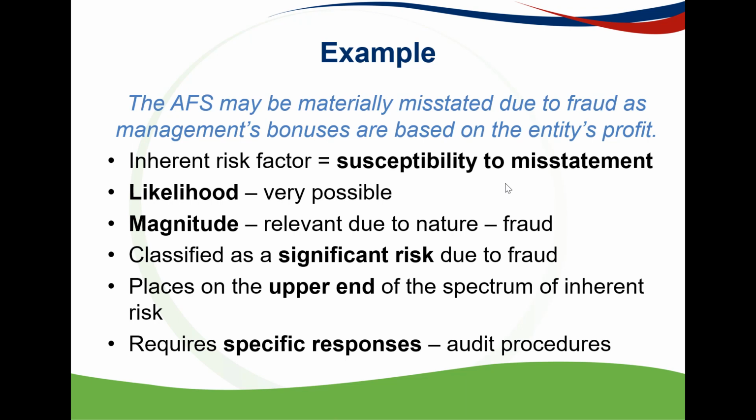And then also we can classify any fraud-related risks as significant risks, and those will typically place on the upper end of the spectrum of inherent risk and require a specific response, specific audit procedures that should be formulated.